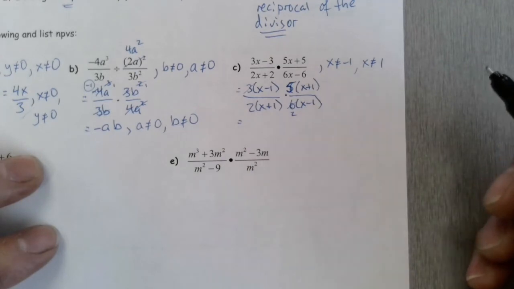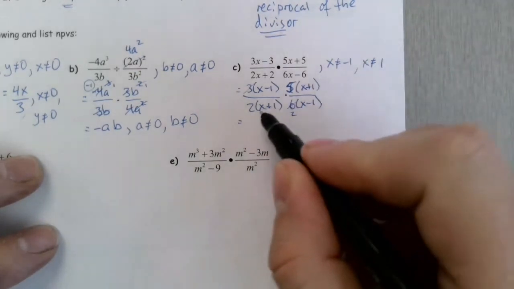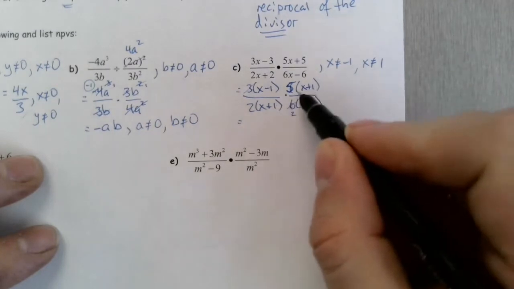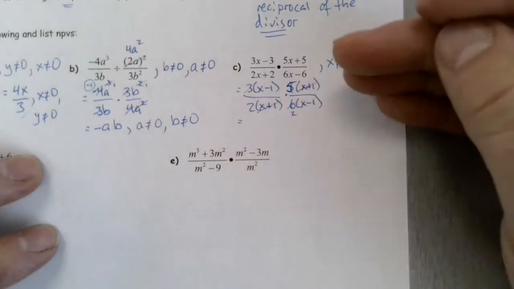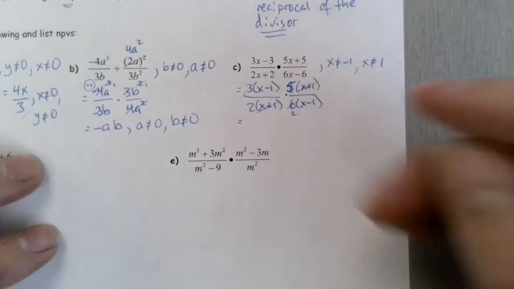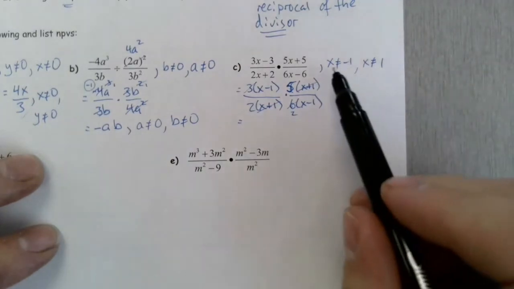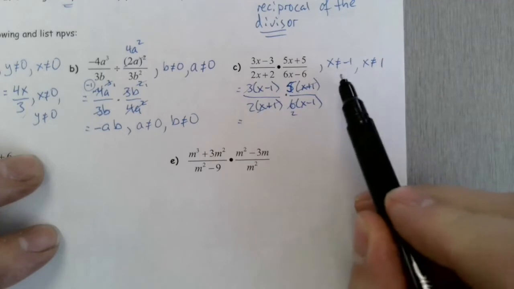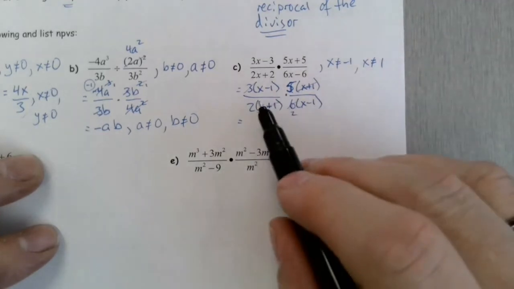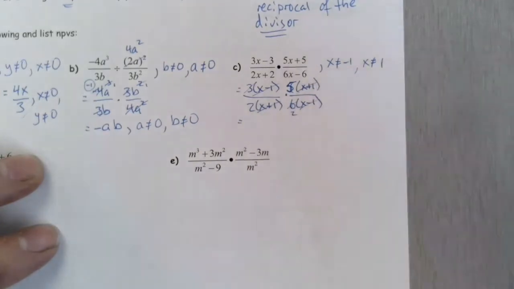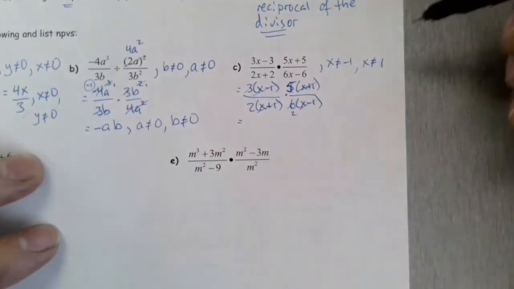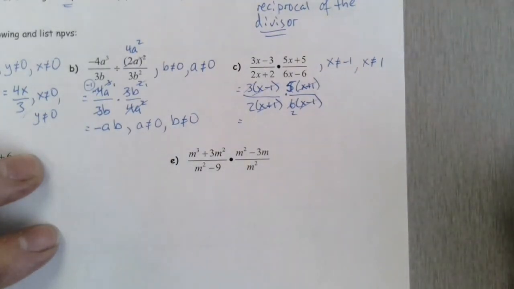so it stays. Now, I've got an x plus 1 in the denominator and an x plus 1 in the numerator. Those will cancel. X plus 1 divided by x plus 1 is 1, as long as I don't allow x to equal -1. I've already said that. X minus 1 divided by x minus 1 is 1, as long as x is not allowed to be +1.